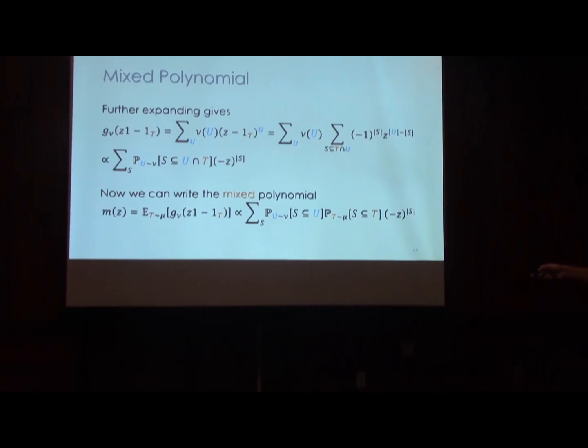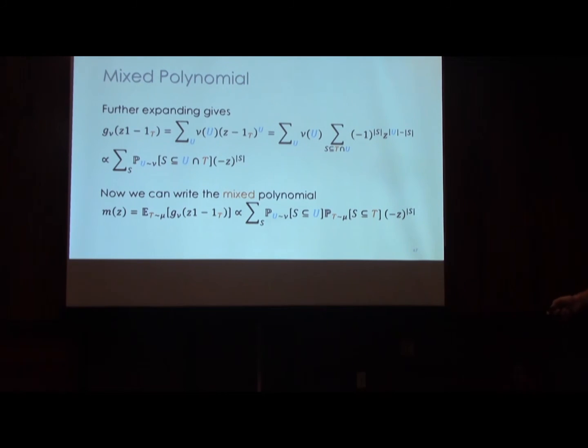So you sum over all subsets S. The subset doesn't have to be a tree, it can have any size, doesn't matter. Minus z raised to the power s, and here the coefficient would be the probability that s is inside this random spanning tree U intersection the fixed tree T.